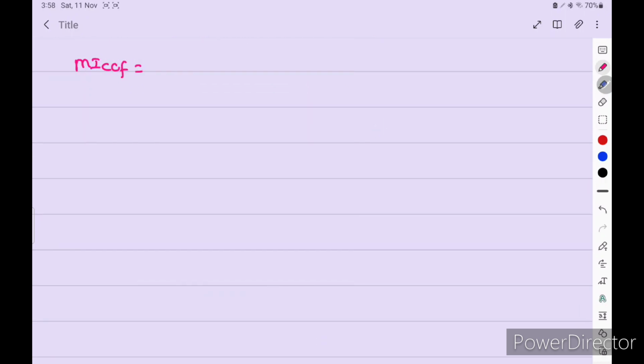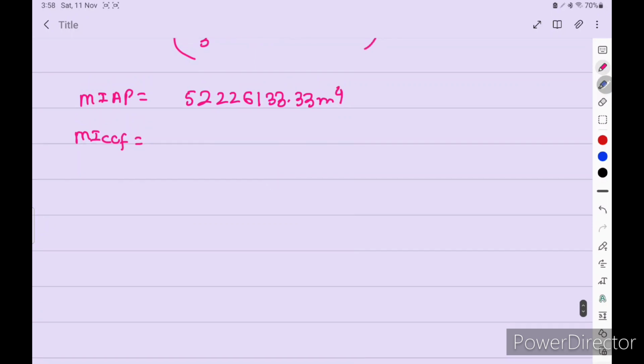MI center of rotation is equal to MI about perpendicular minus area into LCF square.